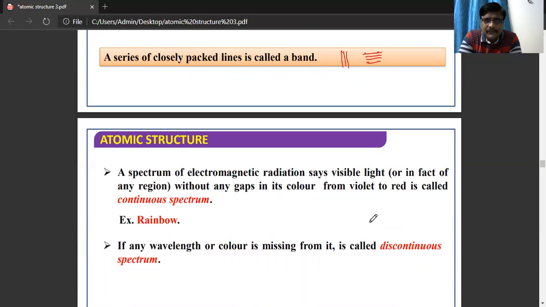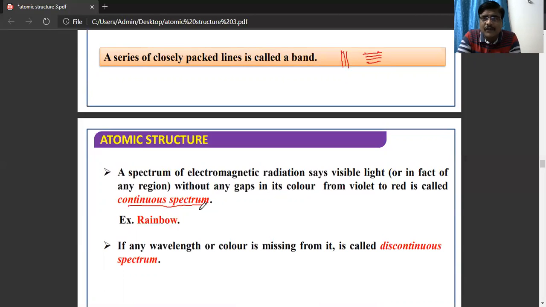A spectrum of electromagnetic radiation in the visible region without any gaps in its colors, from violet to red continuously, is known as a continuous spectrum. We cannot find any gap between the colors present in the region. An example is a rainbow. If any wavelength or color is missing, that is known as discontinuous. Continuous means without any gap.